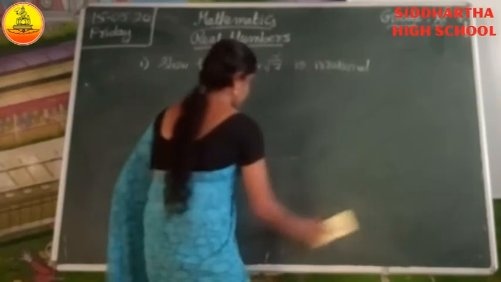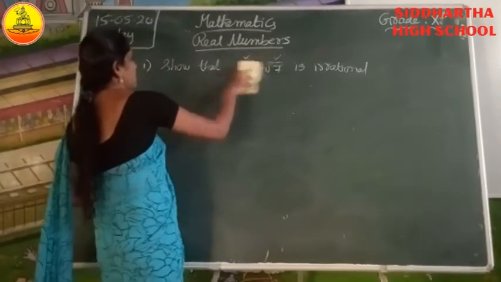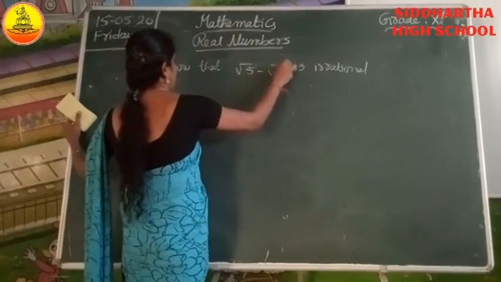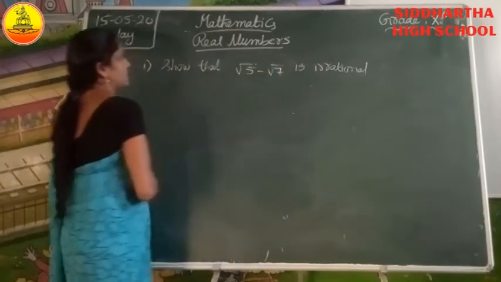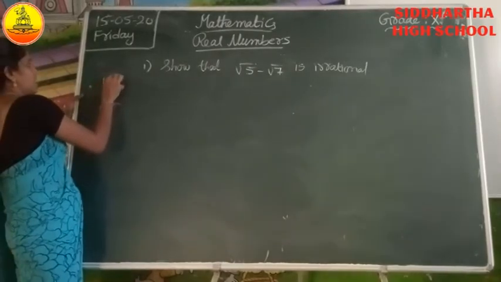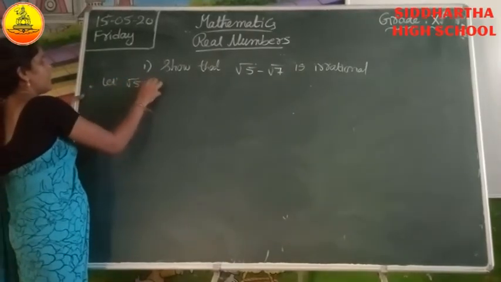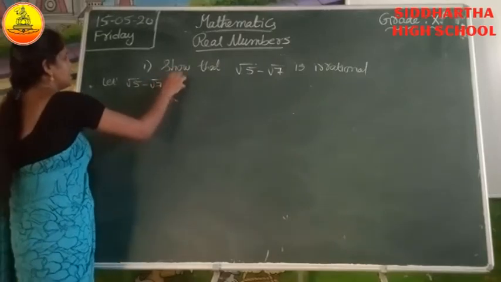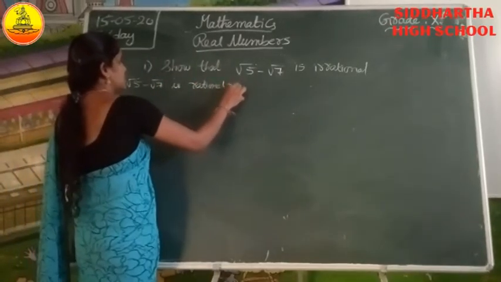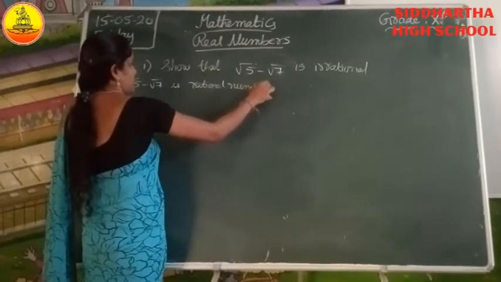But this time I will keep a minus sign. Show that root 5 minus root 7 is irrational. This is the given question. Let us assume that root 5 minus root 7 is a rational number.